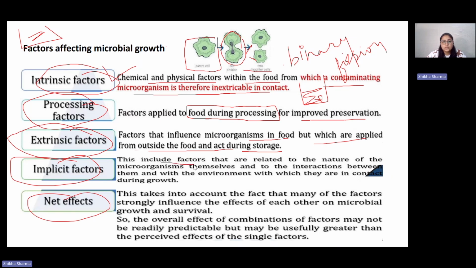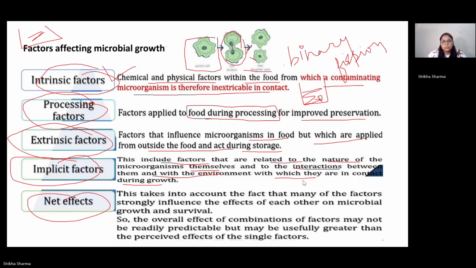These are factors related to the nature of the microorganisms themselves and to the interactions between them and with the environment with which they are in contact during growth.